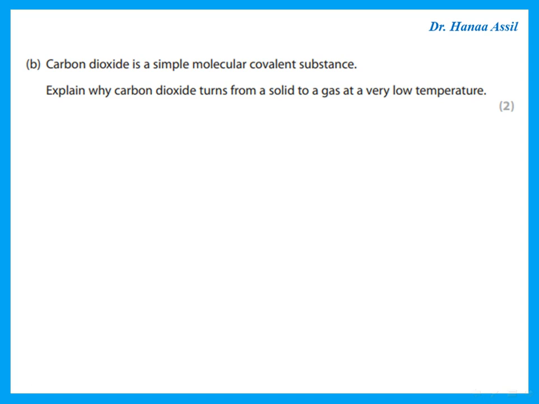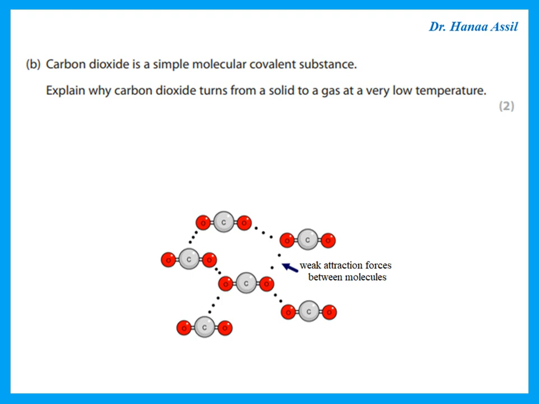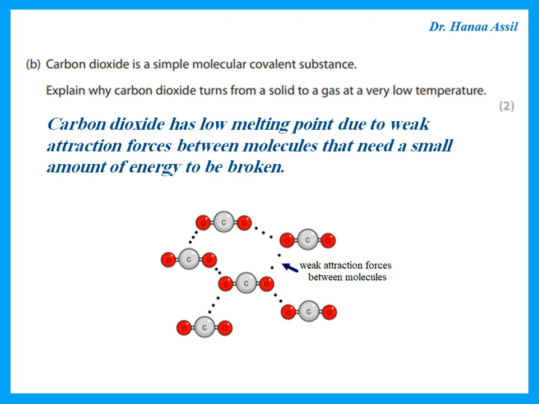So basically, he's asking you to explain why carbon dioxide has a very low melting point or sublimation point. Remember that when we have simple molecular structure, they usually have low melting and boiling points. Why is that?